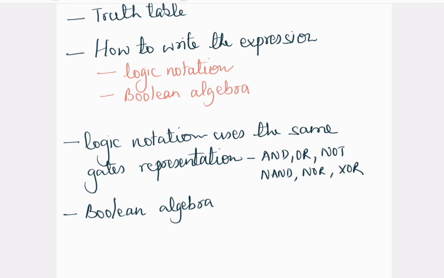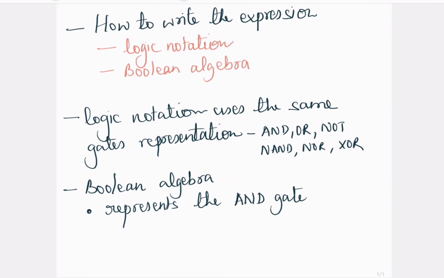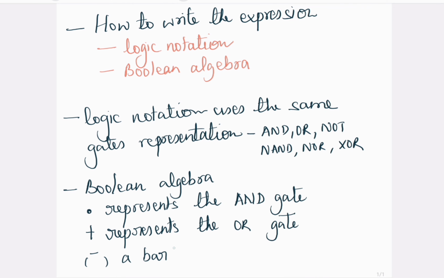The dot represents the AND gate, plus represents the OR gate, and a bar above the letter represents the NOT.